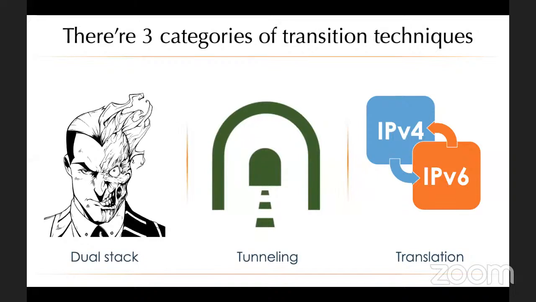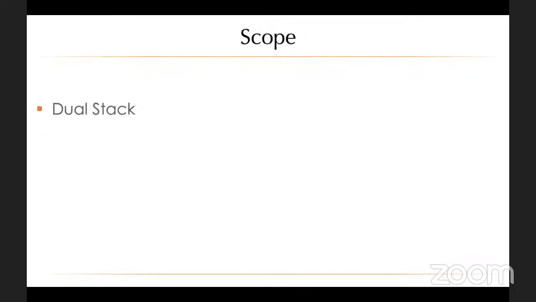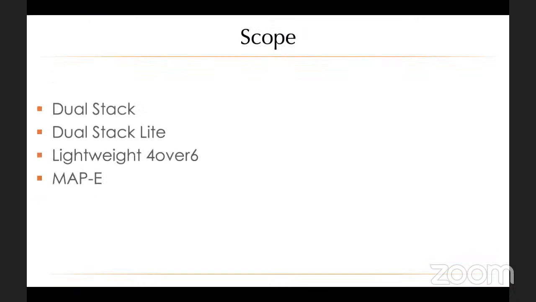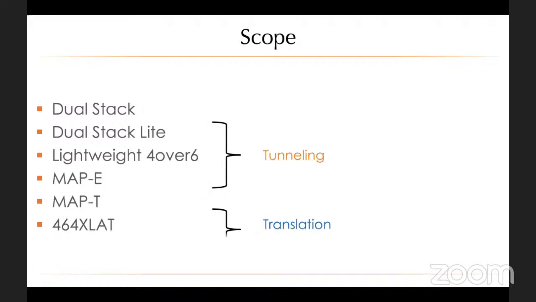So we're going to look at all these 3 individually, and tunneling and translation will have specific transition techniques which implement these mechanisms. So we'll start with dual stack and then look at Dual-Stack Lite, lightweight 4over6 and MAP-E, and then look at MAP-T and 464XLAT.